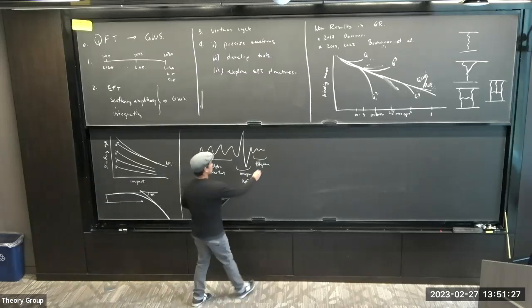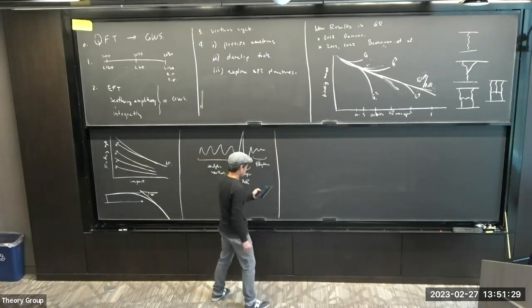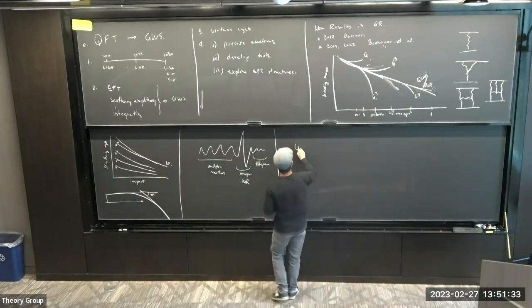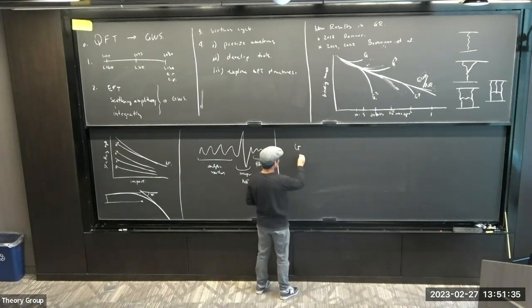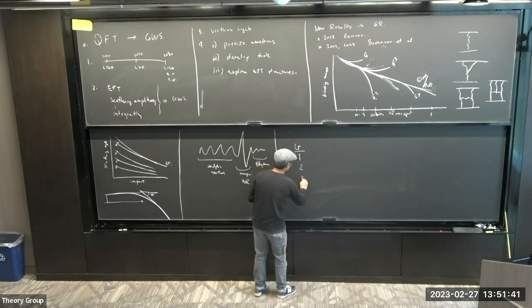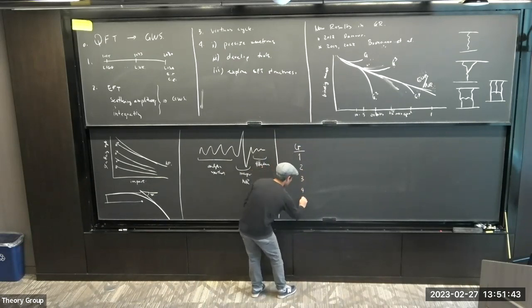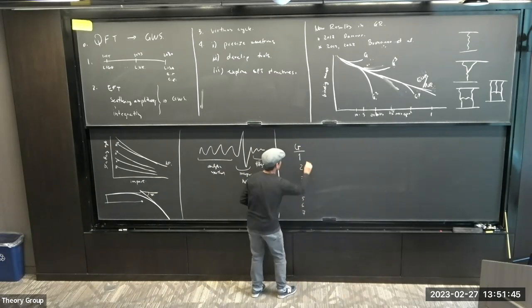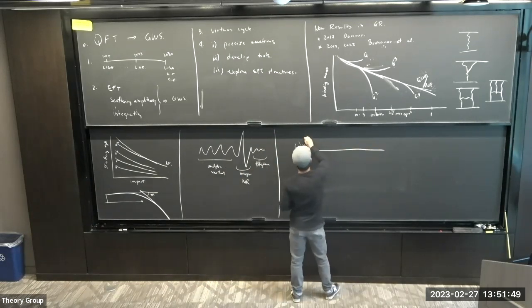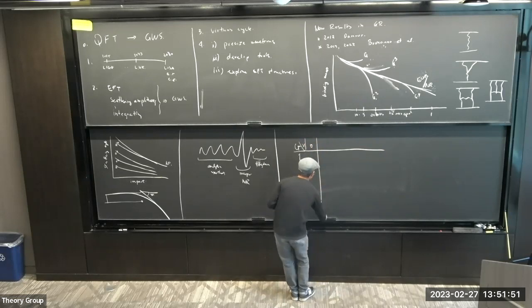Okay, so what do we mean again when we say new results? If we look at powers of G, let's say this is the exponent of G, so 1, 2, 3, 4, 5, 6, 7, and this is the exponent of V. It would be 0.